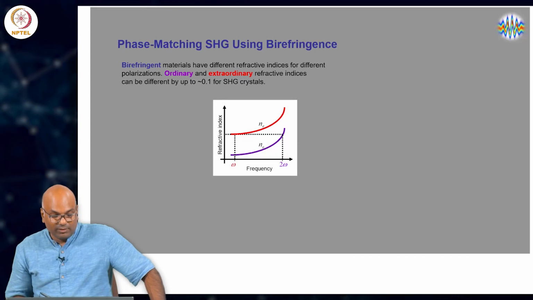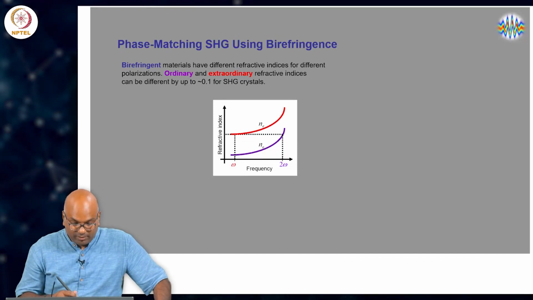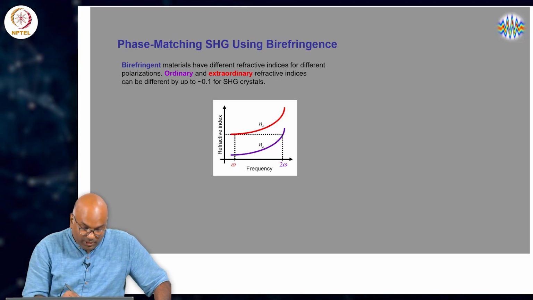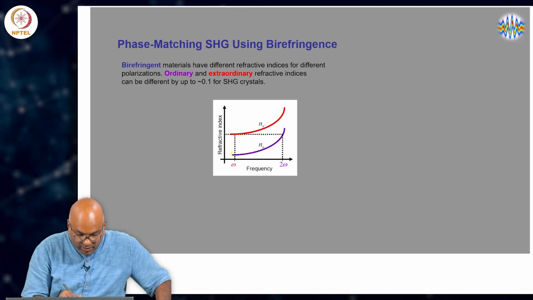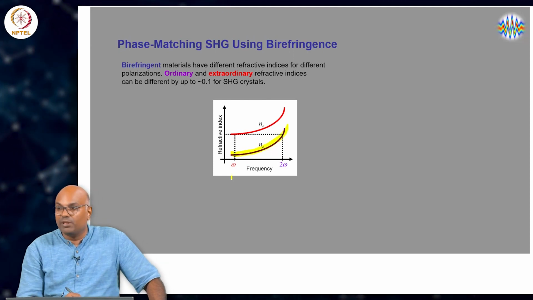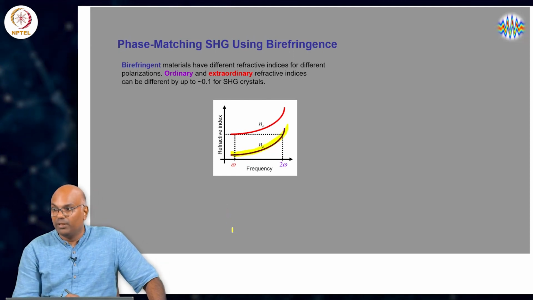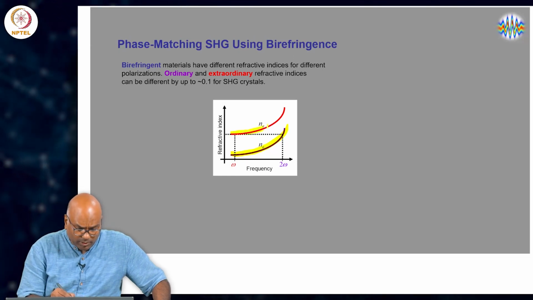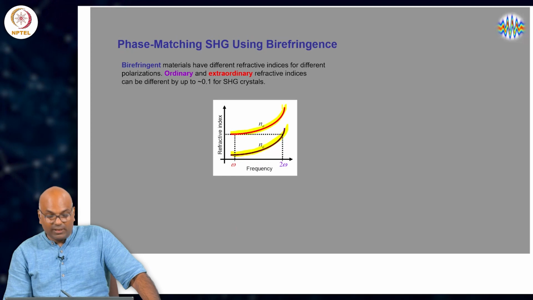So, what have we done? We have therefore picked a medium where, although there is dispersion, refractive index does increase with frequency for this medium. It is normally dispersive, but then we have ordinary and extraordinary refractive indices.